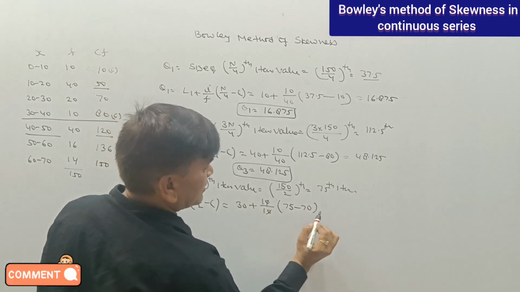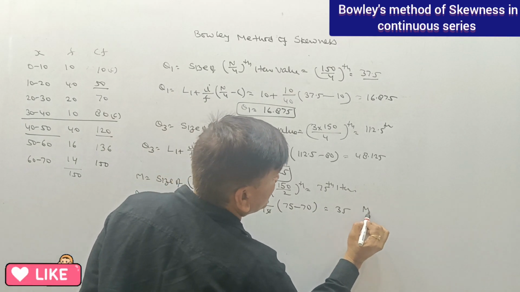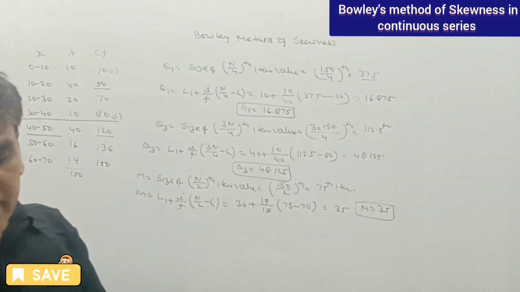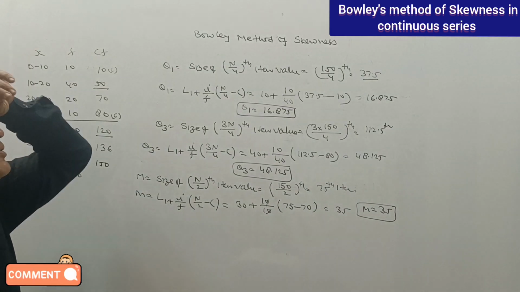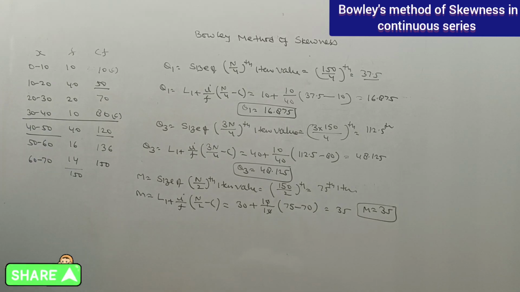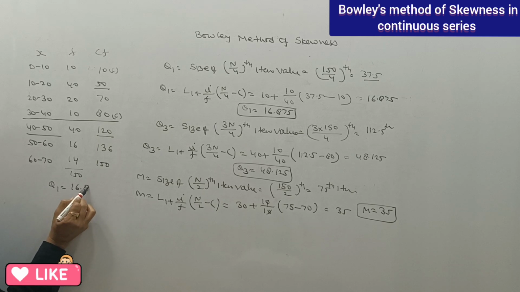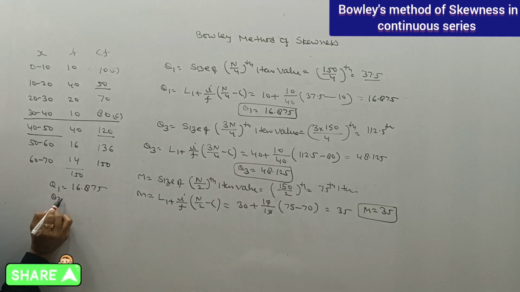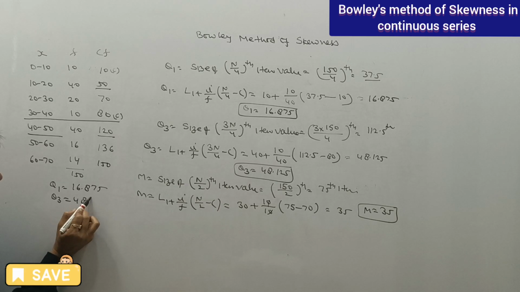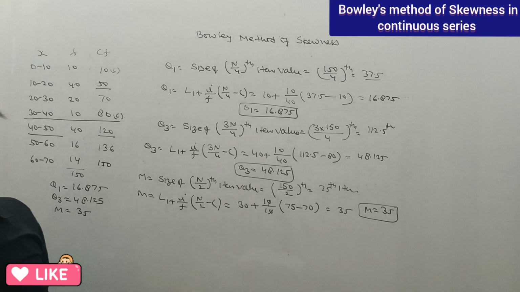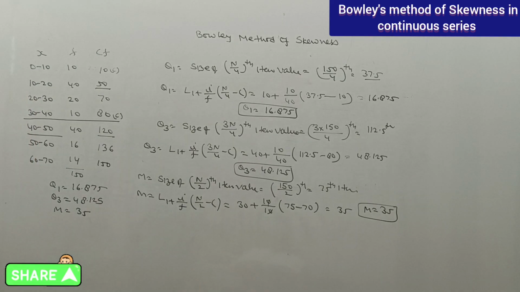So cutting this, it will be 35. So M is equal to 35. So we have calculated all three values: Q1 is 16.875, Q3 is 48.125 and M is 35.